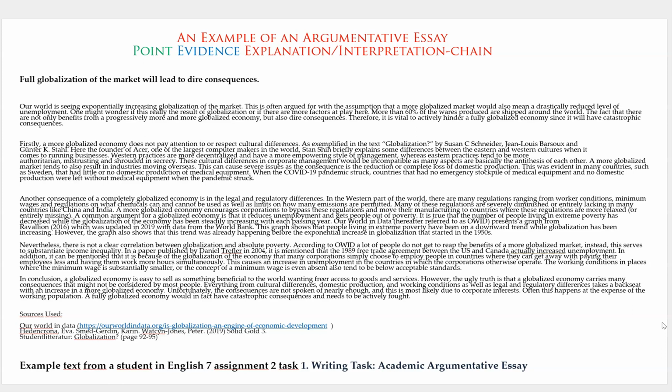Do you see the 3 argumentative paragraphs? Can you find the point, the evidence and explanation in each of those 3 paragraphs? And can you see how the student in the end summarizes and draws a conclusion connected to his thesis statement in the beginning? Please do that. It's a very good practice, and we will do that together at the lesson. But if you are occupied, I can understand.